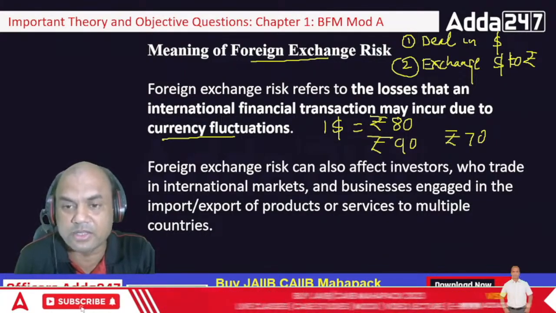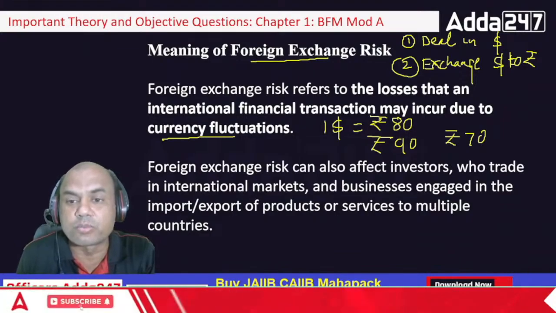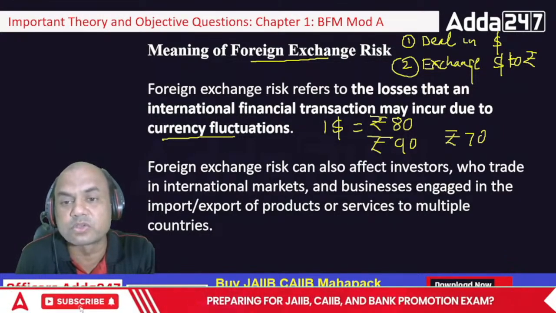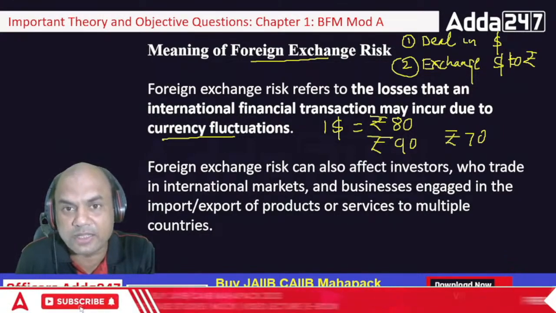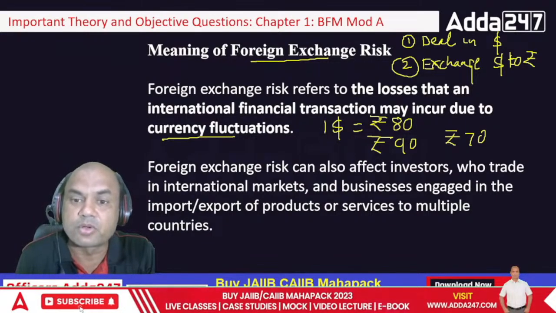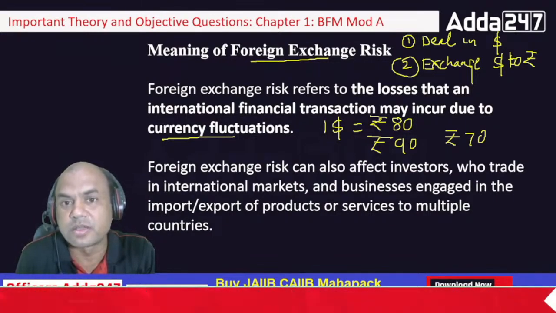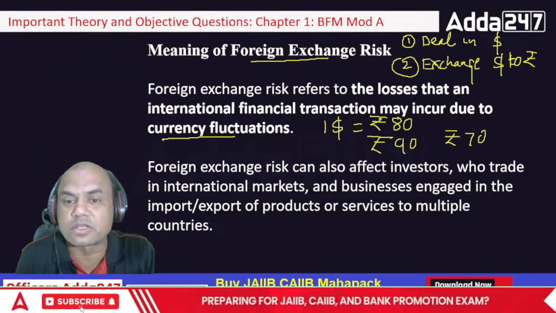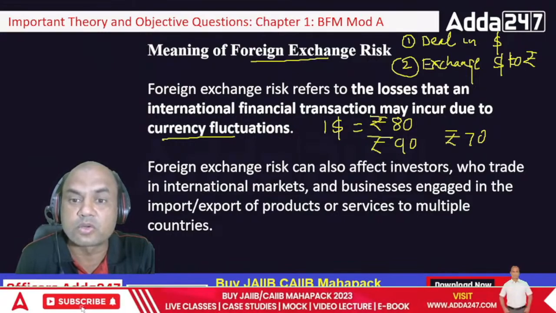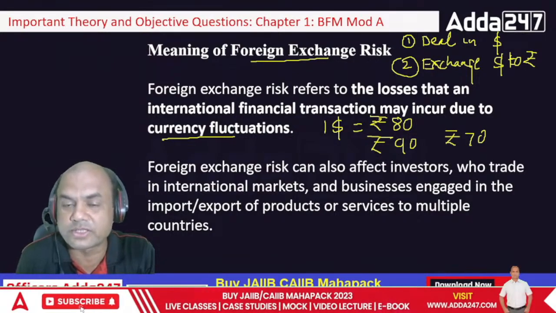Remember, I am again telling you, whenever $1 equals 80 rupees goes to $1 equals 90 rupees, it means dollar has got stronger, because earlier I was purchasing dollar for 80 rupees, now I am purchasing dollar for 90 rupees. So dollar has become stronger, and vice versa.